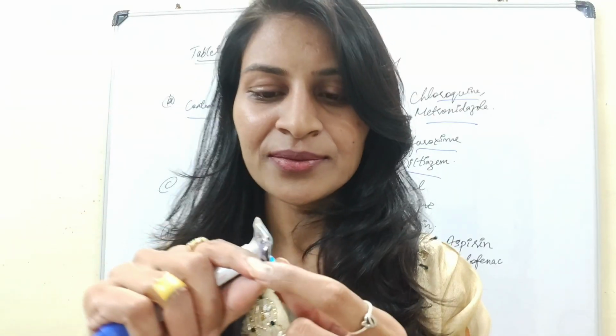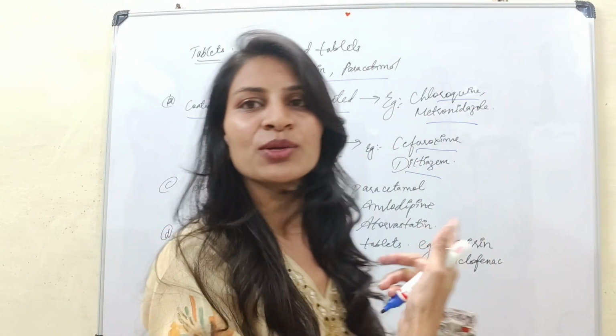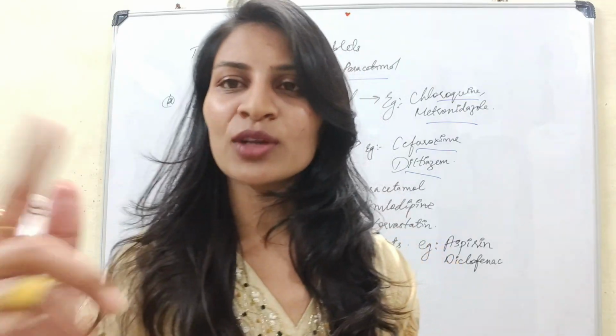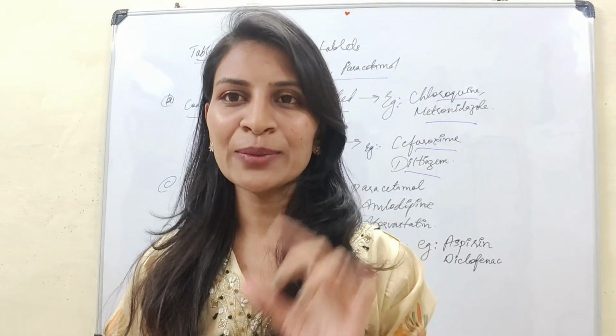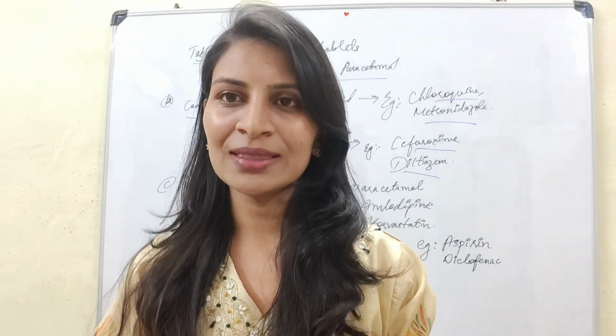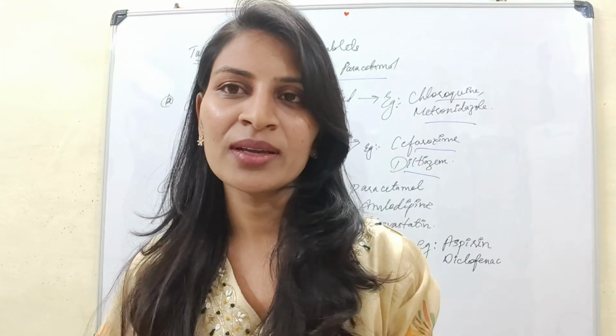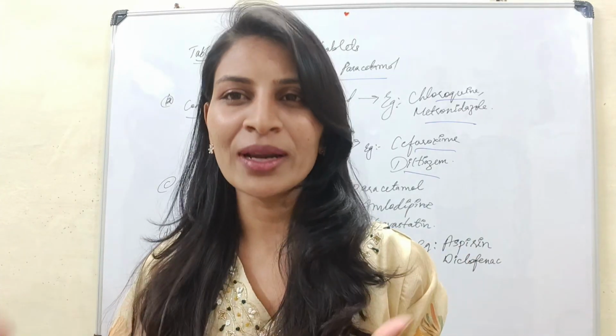This is the film coat, and inside is the drug. So these are the film coated tablets. Sugar coated examples I told you, metronidazole and chloroquine. So you have seen the film coated tablet, right? These coatings are to protect the drug from air, moisture and sunlight, and coatings can be one or more layers also.